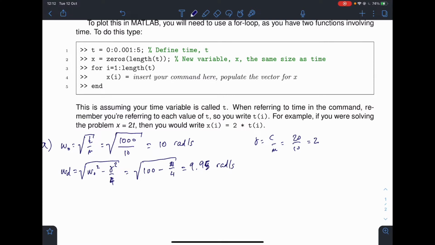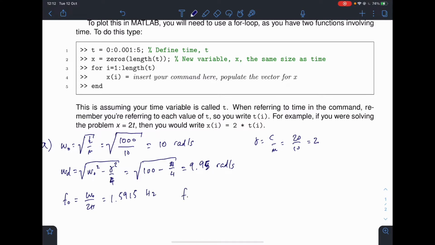So in hertz we've got f naught, which is omega naught divided by 2 pi. So that's 10 divided by 2 pi, which is 1.5915 hertz.